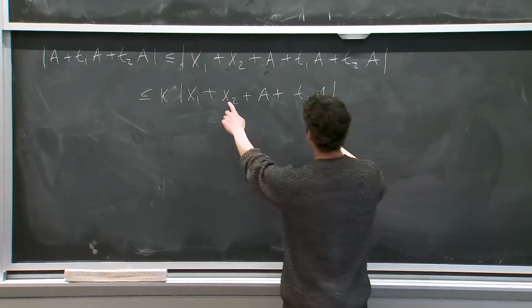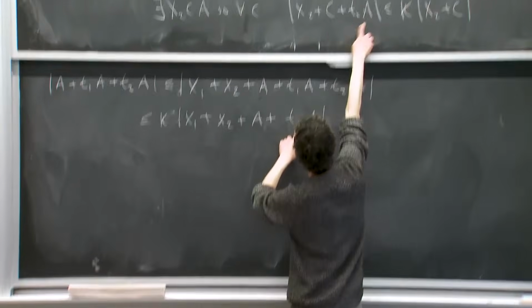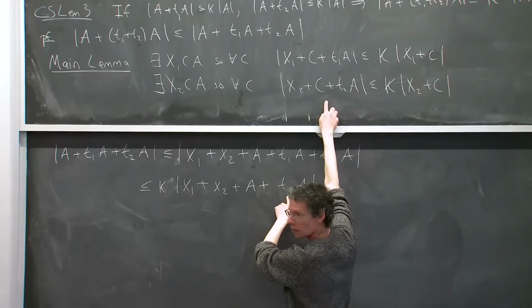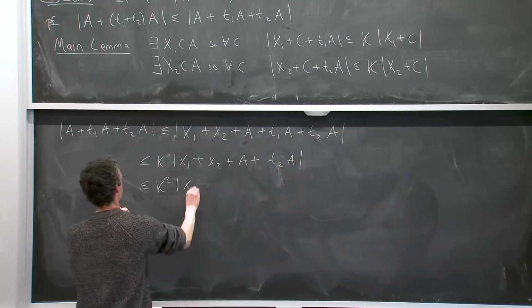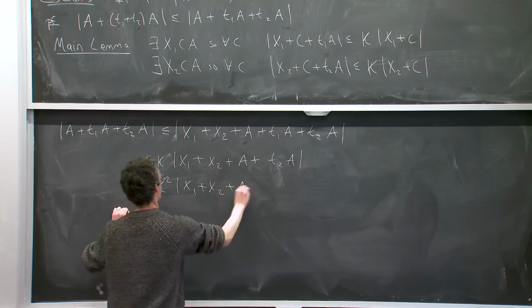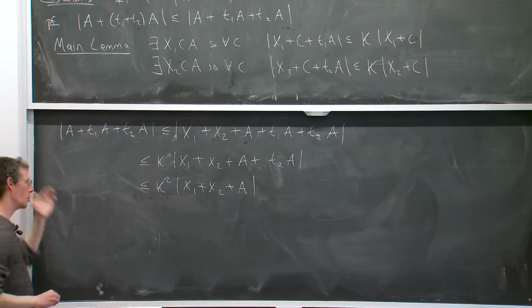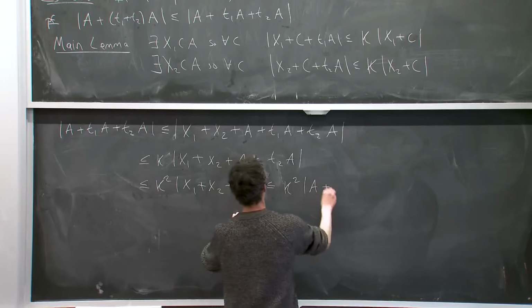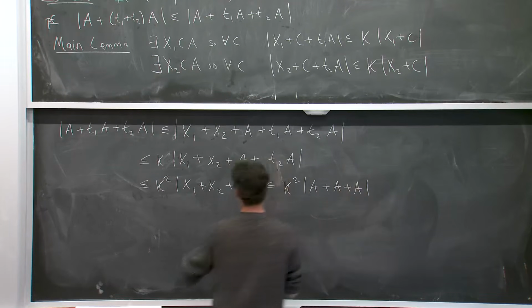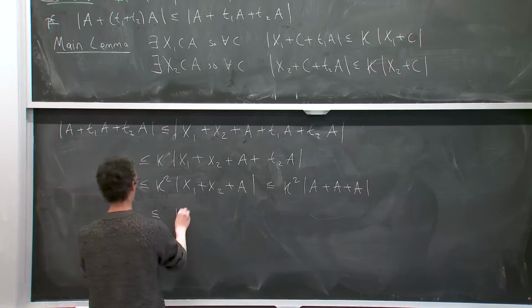And then this thing has x2 plus some stuff plus T2A, so I can get rid of the T2A by main lemma 1 again. So this is less than k squared times x1 plus x2 plus A. Now, x1 and x2 are subsets of A, so this is less than k squared times A plus A. And then by Plunnecke's inequality, this is less than k to the fifth.